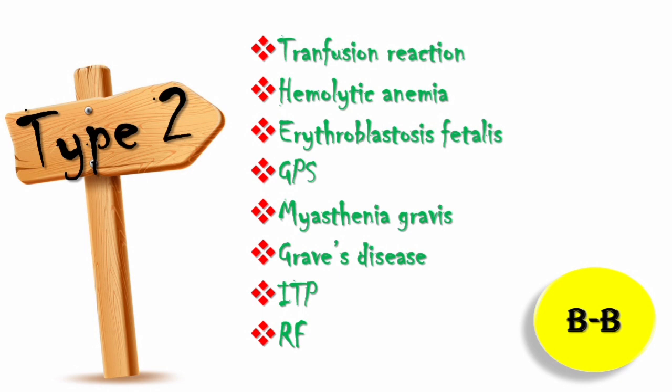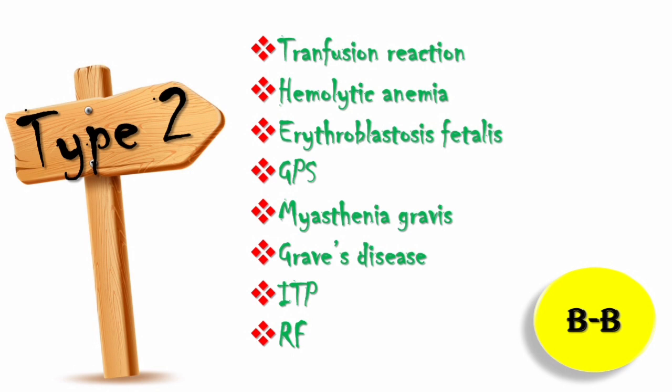Mainly for this reaction, IgM and IgG antibodies are responsible, and these IgM and IgG antibodies bind with antigens on the cells of particular tissue types, and that leads to activation of the complement system. At the end, lysis and phagocytosis occurs. So antibodies interfere with normal cell function. That is why this hypersensitivity reaction occurs.